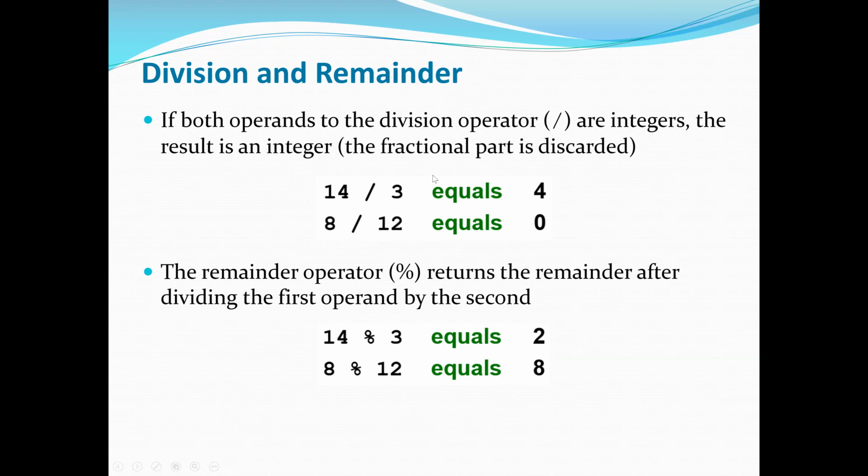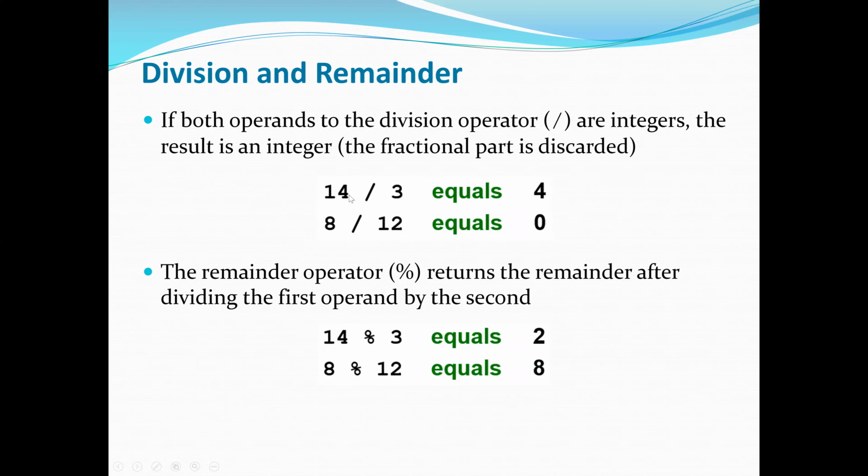What we mean is that if we are dividing two values and one of the values is a decimal, or floating point, then the result will be a decimal value. If the two values are whole numbers, then the answer will be a whole number.